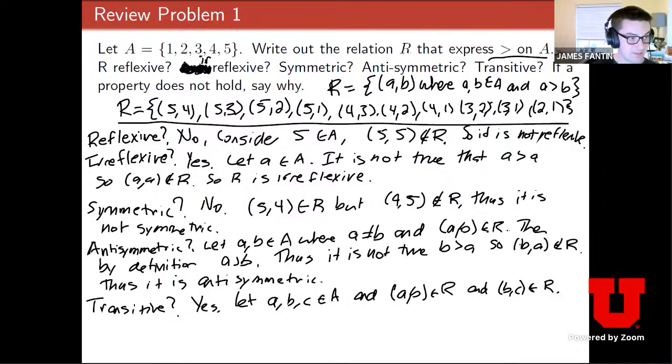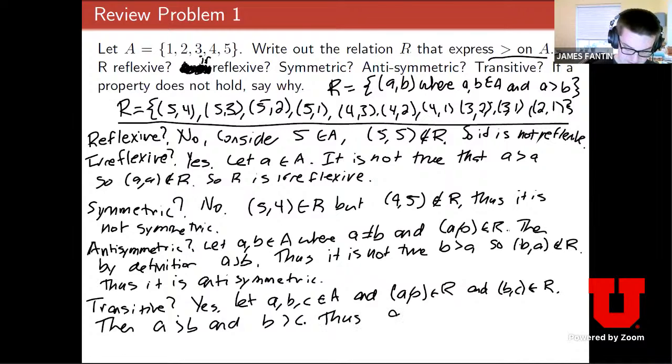We need to conclude that A, C is in the relation in order to prove it's transitive. So then A is greater than B and B is greater than C. Thus, A must be greater than C. So A, C is in the relation. So R is transitive.